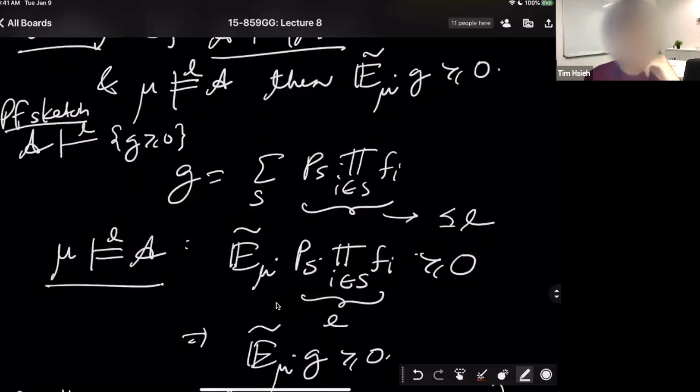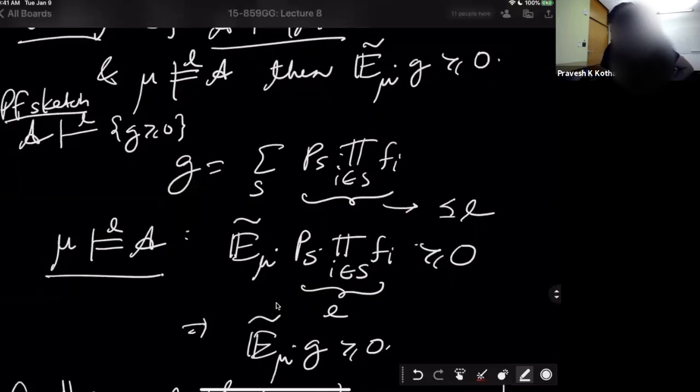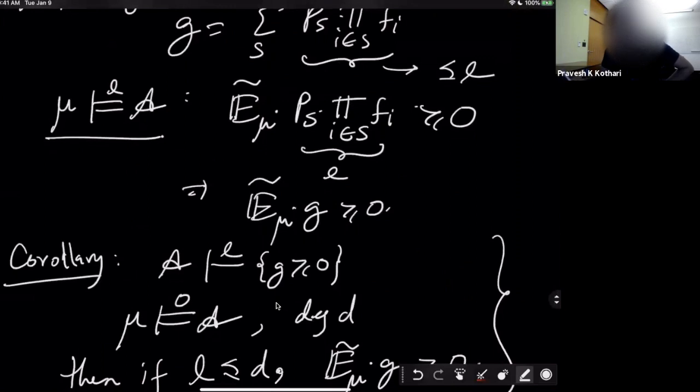I mean, this is only weaker, no? If the total degree of this monomial is L, then it certainly implies the degree of H times the product of the Fi's is at most the max of degree and L.